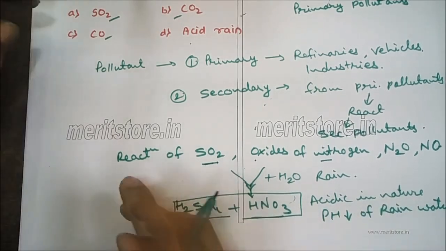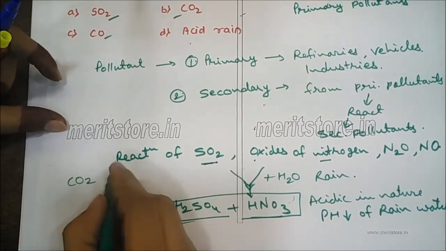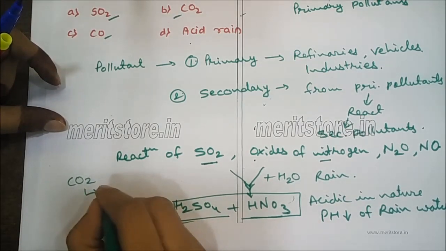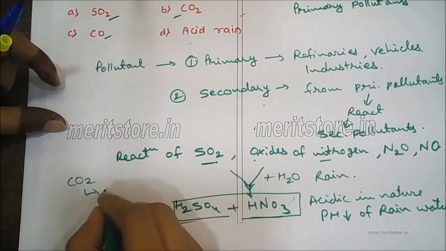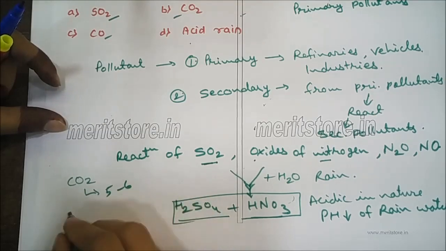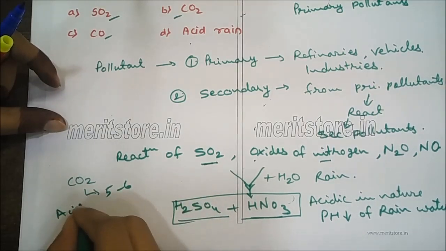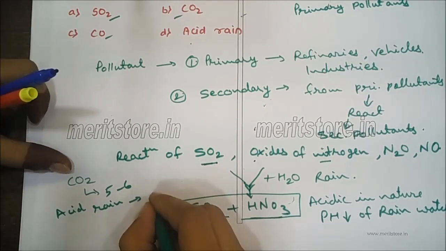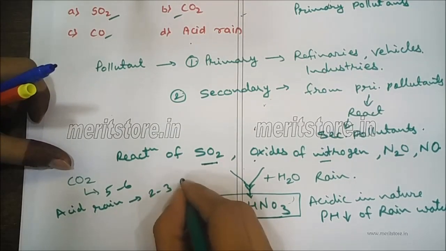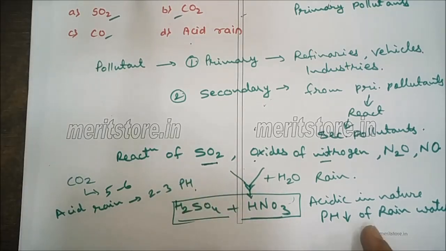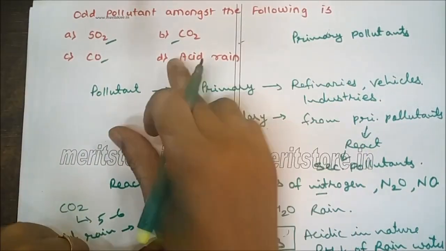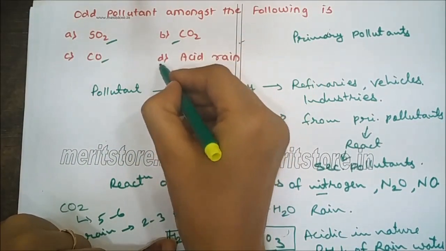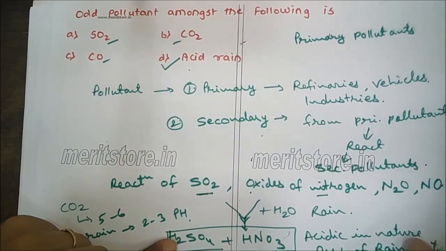Because of carbon dioxide, the pH of rainy water is around 5 to 6, but because of acid rain, the pH of rainwater goes down to 2 to 3. So this is called acidic rain, because the rainy water is acidic. So the odd pollutant among these is acid rain, which is a secondary pollutant.